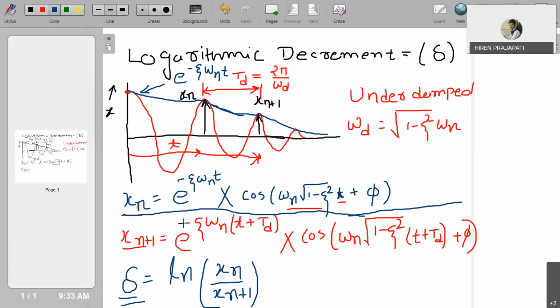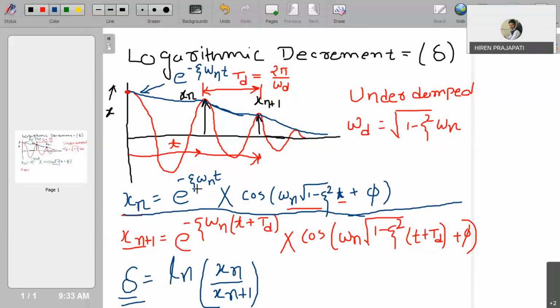If you see e raised to minus zeta omega n t, and here e raised to minus zeta omega n t plus Td, then what happens? This power is to be subtracted, so minus zeta omega n t plus zeta omega n t plus zeta omega n Td.